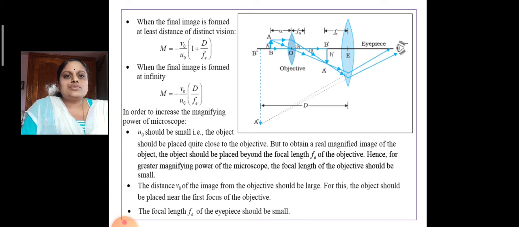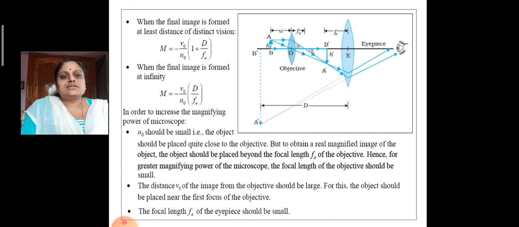That is, the object should be placed quite close to the objective. But to obtain a real magnified image, the object should be placed beyond the focal length FO of the objective. Hence, for greater magnifying power of the microscope, the focal length of the objective should be small.